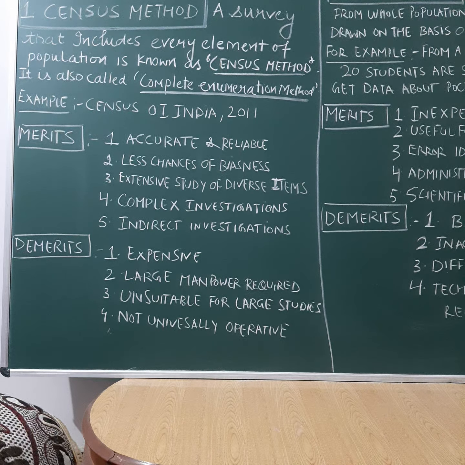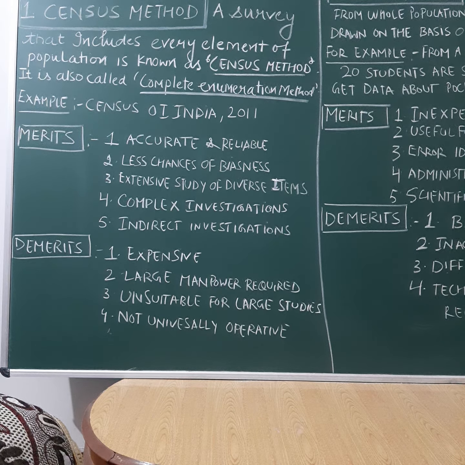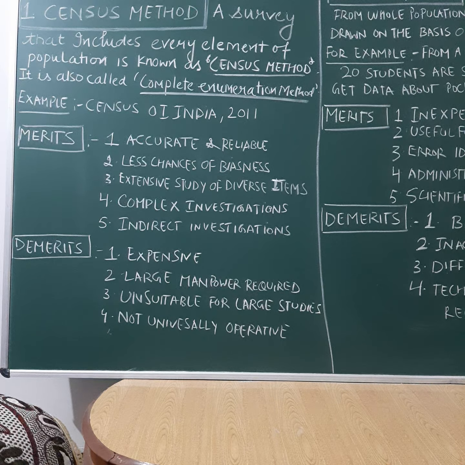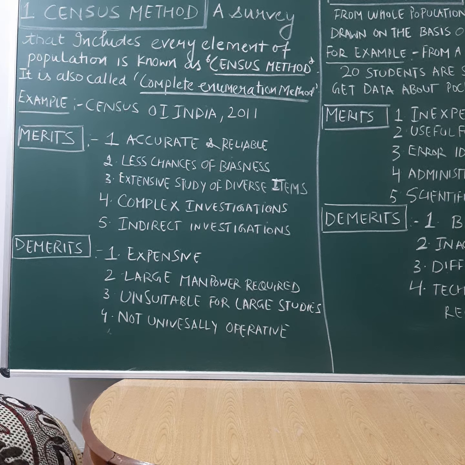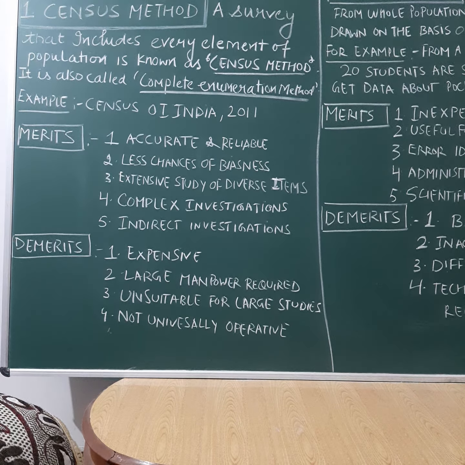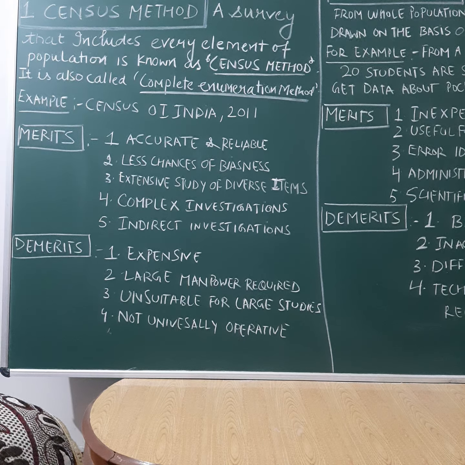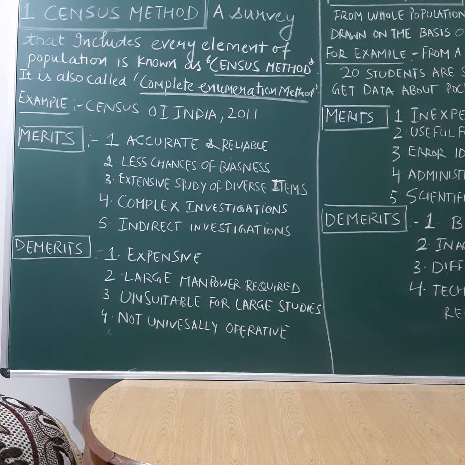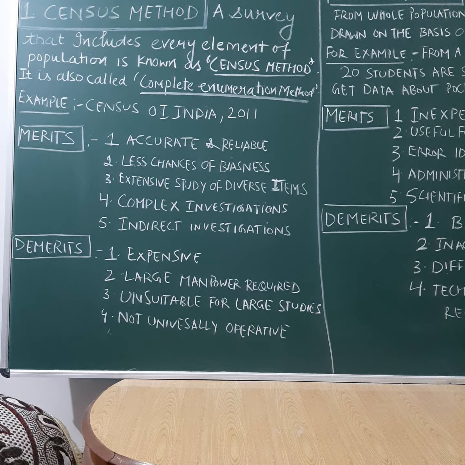For example, in my classroom, in the commerce section, 10 people are from Bangalore, 10 from Karnataka, 10 from Jammu and Kashmir, 10 from some different regions. So each and every student will be different. Then I cannot go for the sampling method; I need to collect the data from all the people. This is how complex investigations are done under the census method.